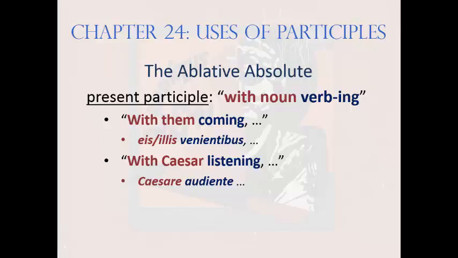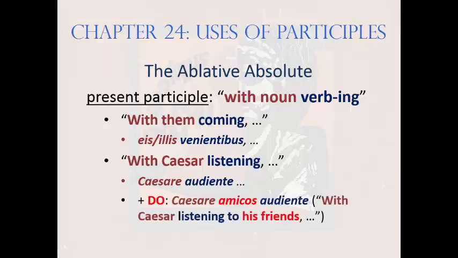This type of ablative absolute uses an active participle, so it expects a direct object. For example, Caesare amicos audiente, with Caesar listening to his friends. Or the participle can have after it anything that naturally follows it. For example, an indirect object, with Caesar giving presents to his friends.